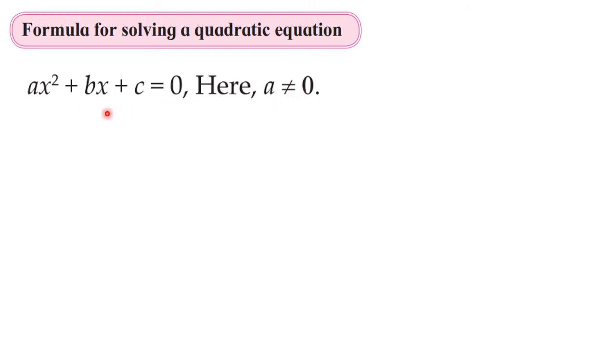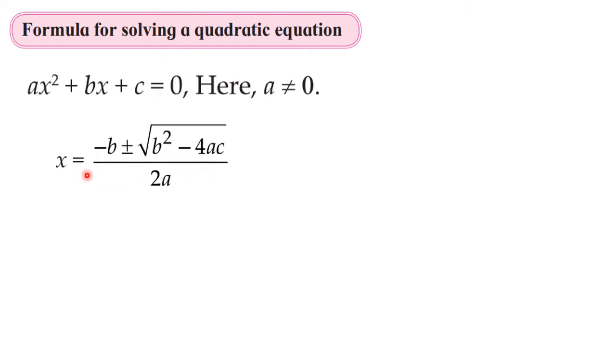Then in this method, they are giving us the direct formula, that make use of the given formula and find the roots. And that formula is x is equal to minus b plus or minus under root b square minus 4ac divided by 2a.